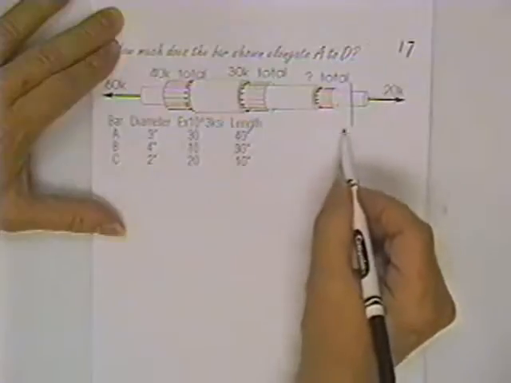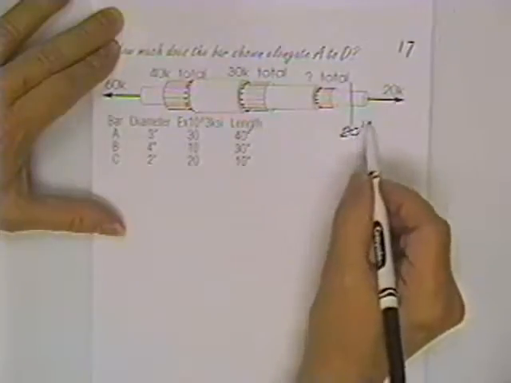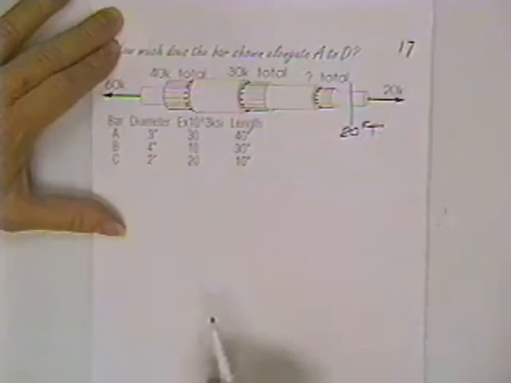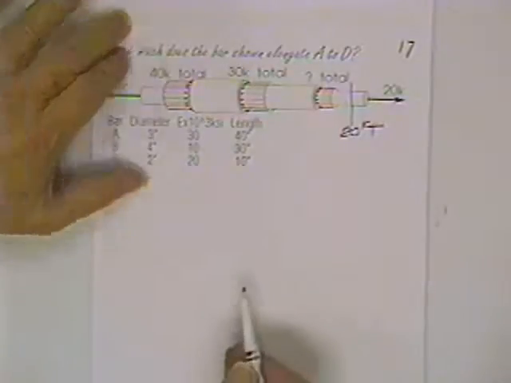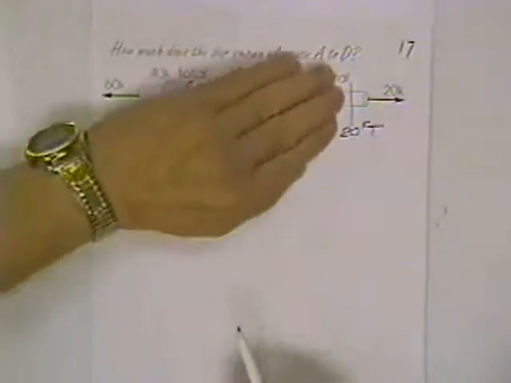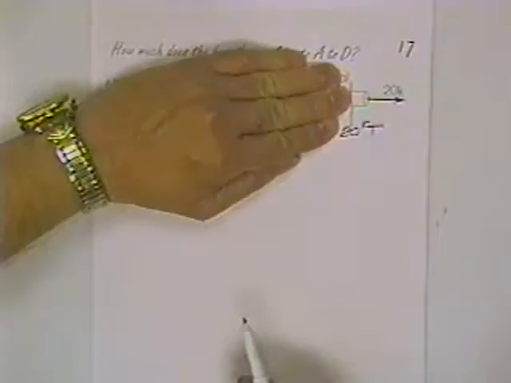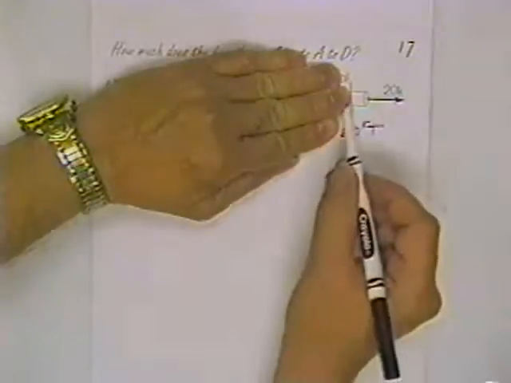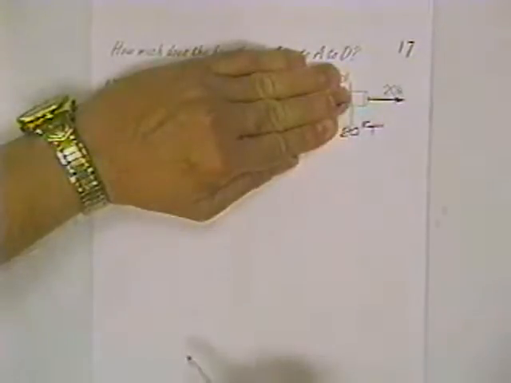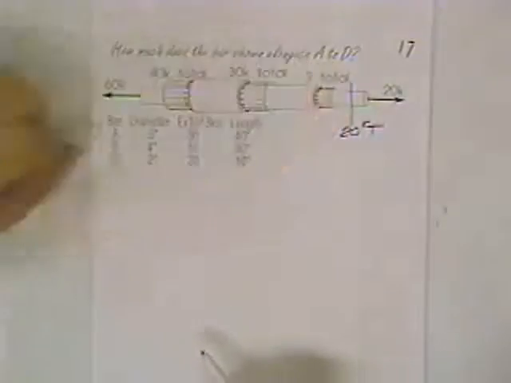Right across this cross section is 20 kips of tension. By that I mean that section of the bar is stretching, and I can guarantee you that by just hiding this piece and seeing what it takes to keep it in equilibrium. It takes 20 kips that way, tension.